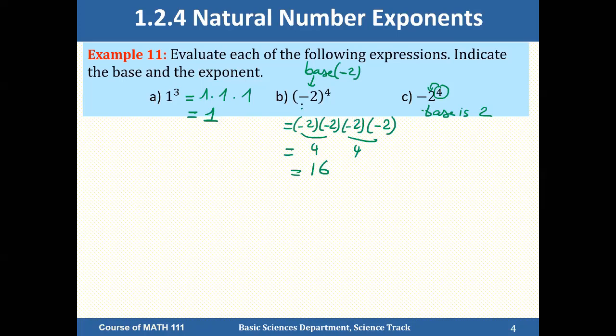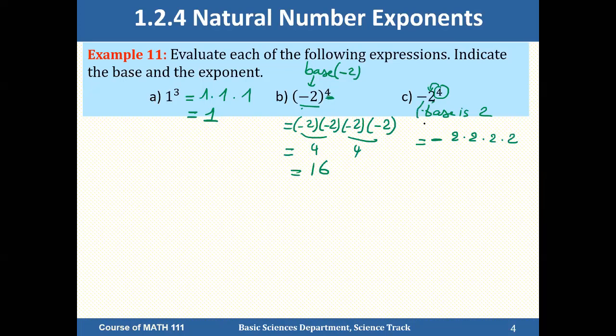So these are different. So here the base is minus 2 لأنه الexponent على minus 2 كلها, whereas here the base is 2 only. And the exponent على 2. And if we want to compute it, minus هذه is not involved in the exponent. The exponent has 2 only.